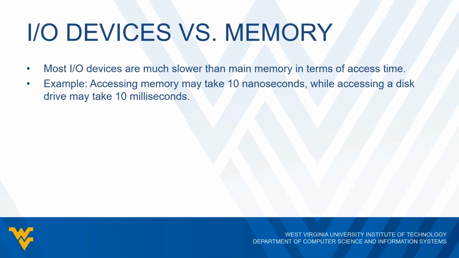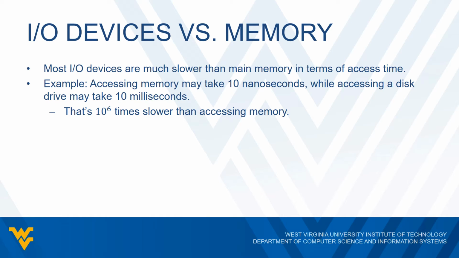So the whole point here is that this difference is 10 to the power 6 times slower, or a factor of a million, or 6 orders of magnitude, however you want to interpret that. That's a huge difference. So let me put this in a different perspective to show you how big of a difference we're talking about between 10 nanoseconds and 10 milliseconds. Let's say that we're traveling so many miles.